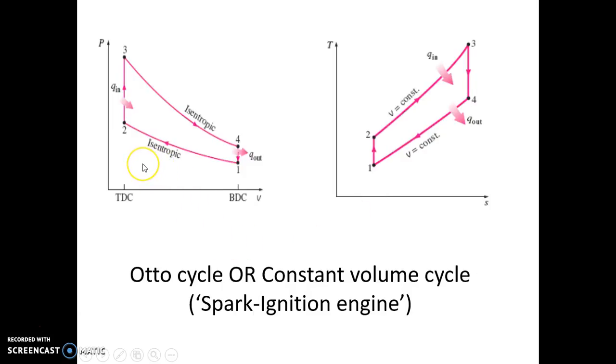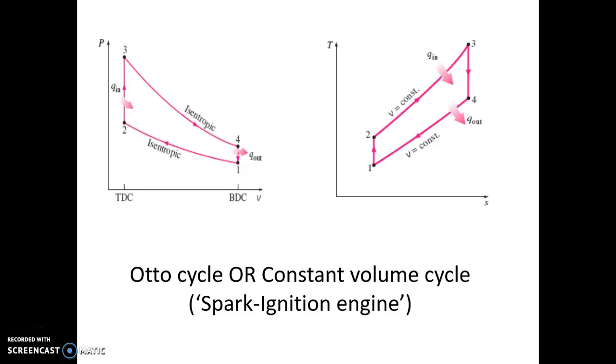This is a PV diagram of the Otto cycle, where we can see point 1. It is a point where the charge has already been taken inside the cylinder, and from 1 to 2 it is a compression stroke. It is assumed that the compression is isentropic, the entropy remains constant, or it is also called adiabatic compression.